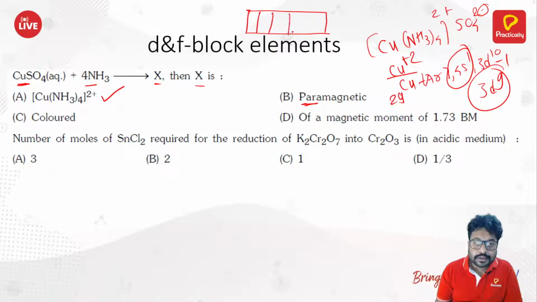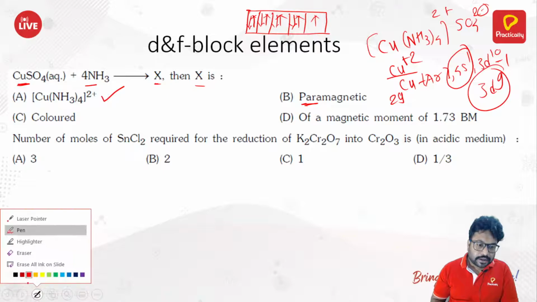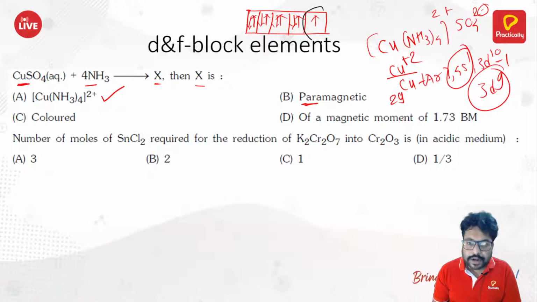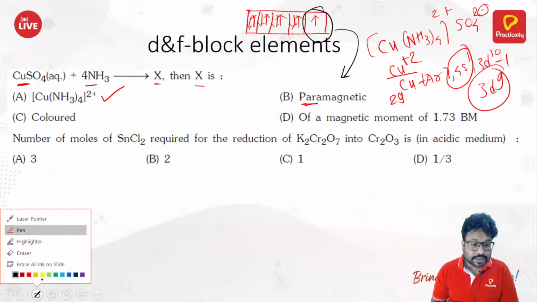You arrange 9 electrons like this: 1, 2, 3, 4, 5, 6, 7, 8, 9. That means you remain with 1 unpaired electron. That makes it paramagnetic. So this option is also right.